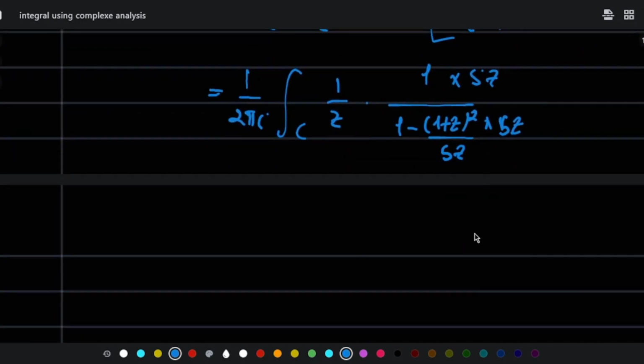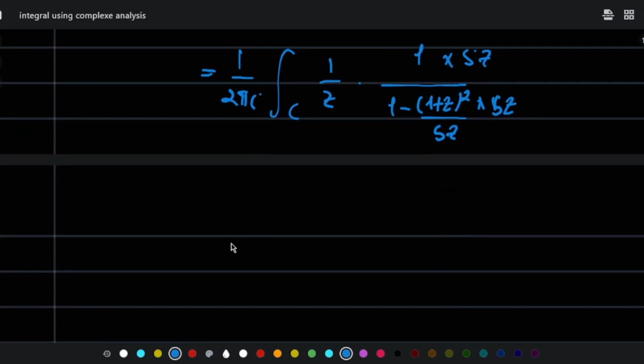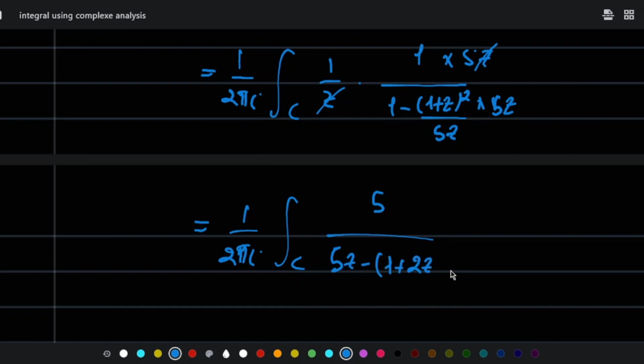Now if you multiply top and bottom by 5z, you will get 1 over 2 pi i, the integral over c of 1 over z. So this z will simplify with this one, and you will get 5z over 5z minus (1 plus 2z plus z squared), because I developed this.